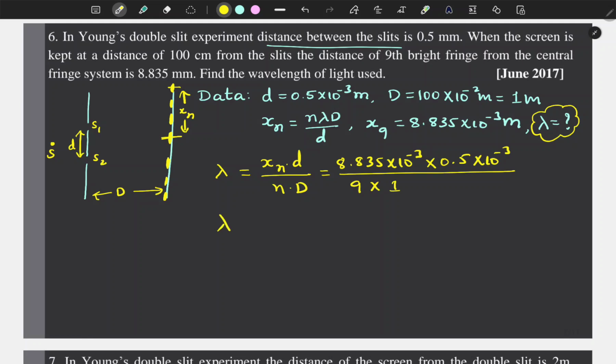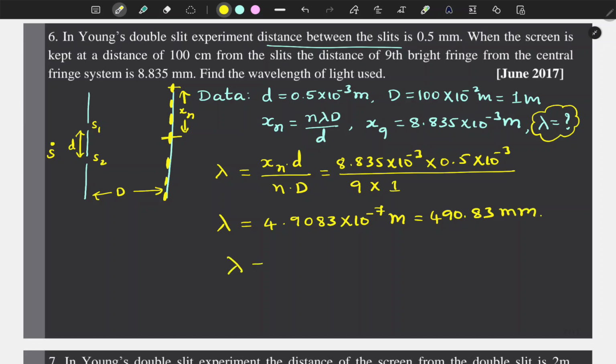If we solve this, you will get around 4.9083 into 10 to the power minus 7 meter, or you will get 490.83 nanometer.